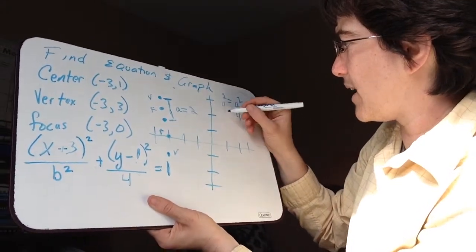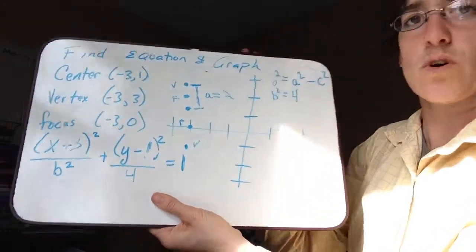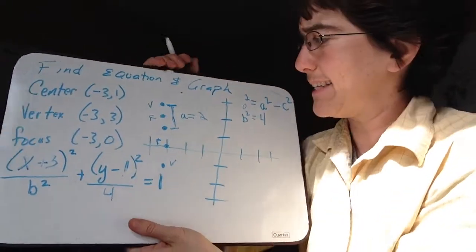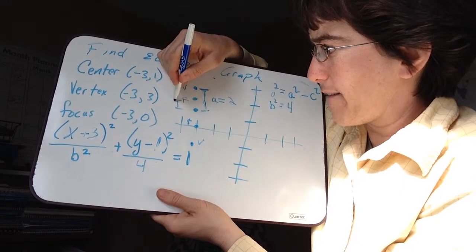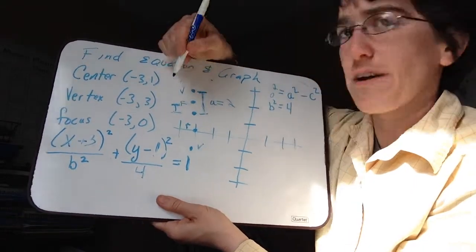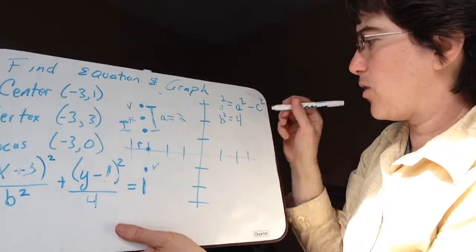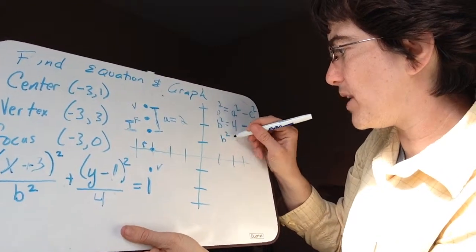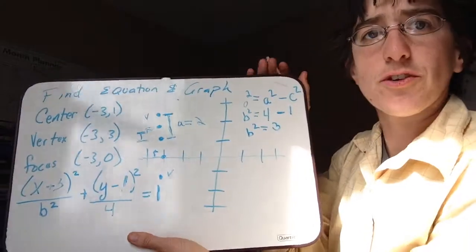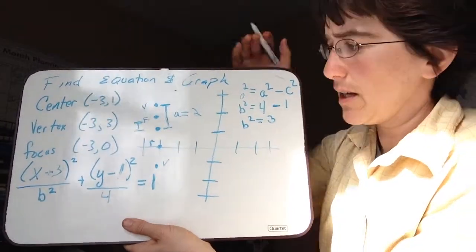You and I know that a squared was 4, and the distance c is the distance from the center to my foci. So the distance from the center to my foci is 1, and 1 squared is 1. So b squared is equal to 3.